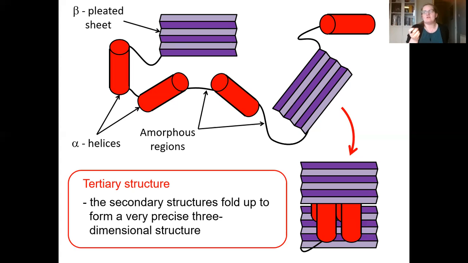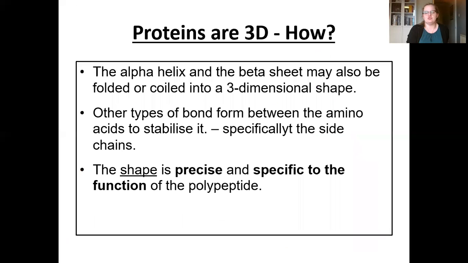When I was saying that some of them cause the amino acid to be more acidic or more basic, that really plays a part in this folding up to make the tertiary structure. So the alpha helix and beta pleated sheets are folded, or they can be coiled around a three-dimensional shape. And we start to get other types of bonds coming into play now.